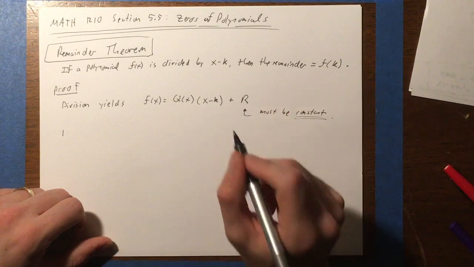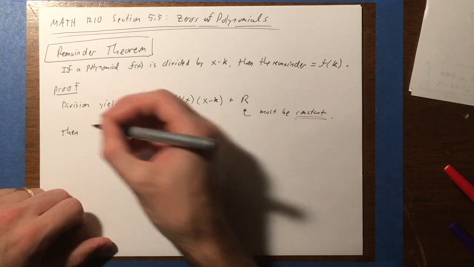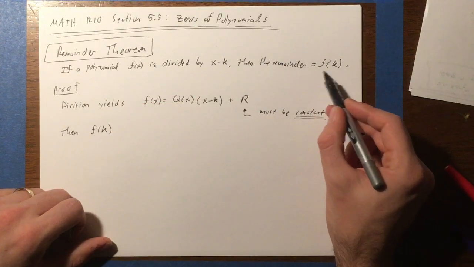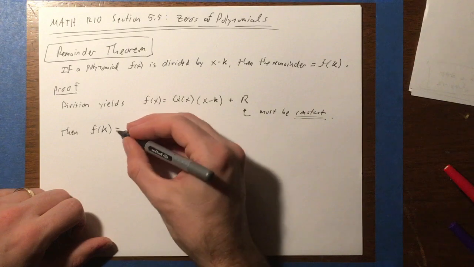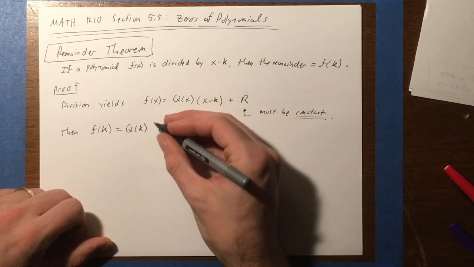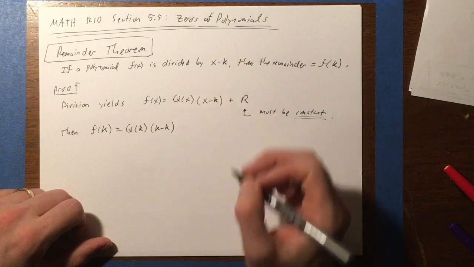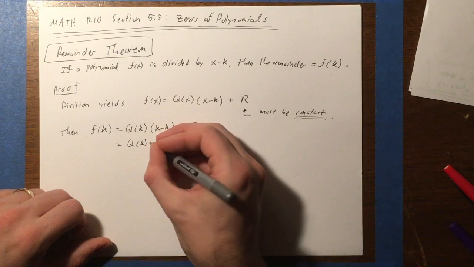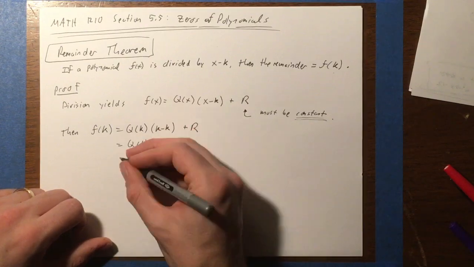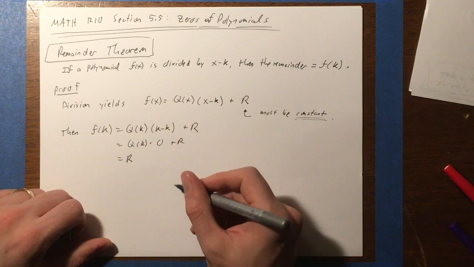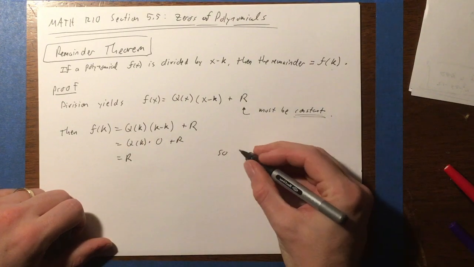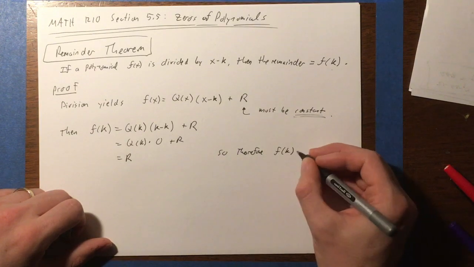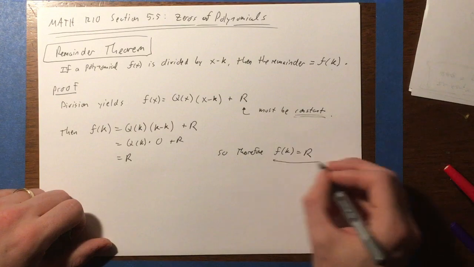That is essential to the proof, because then what we can do is say, if you do f of k, stick k in for x, you get q of k, whatever that equals, times k minus k, which is 0, plus r. So that's q of k times 0 plus r. This whole thing is just 0, so that equals r. And look, we just proved that f of k equals r, the remainder.